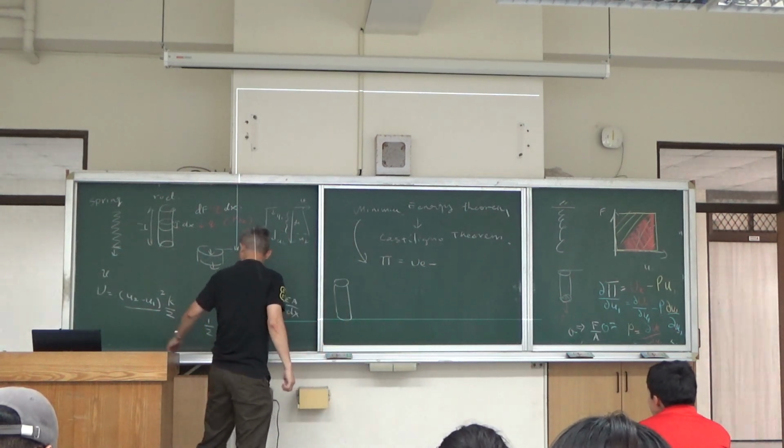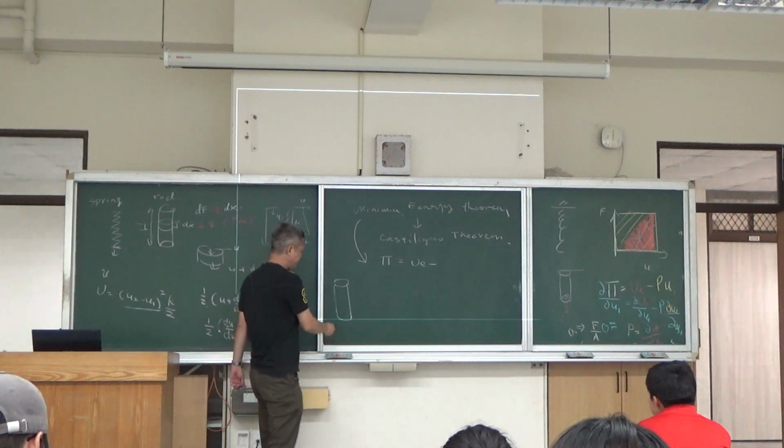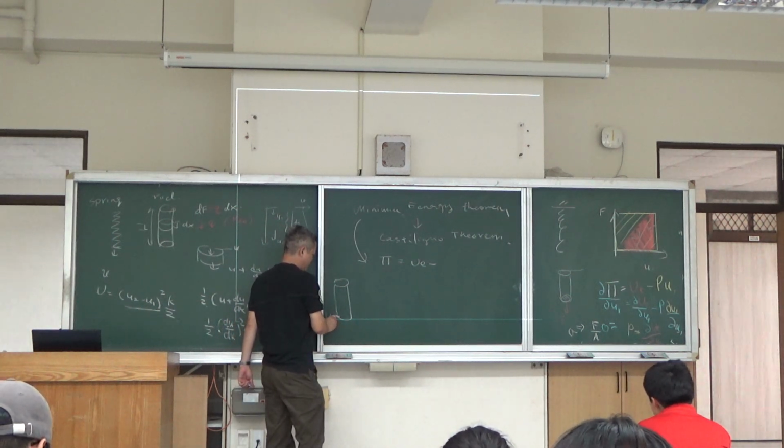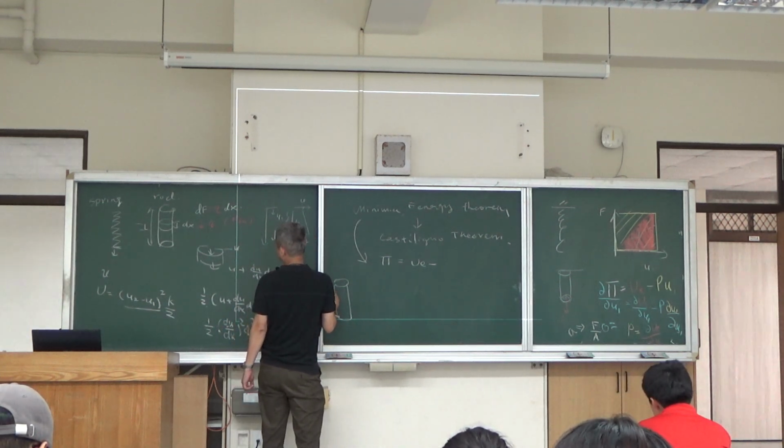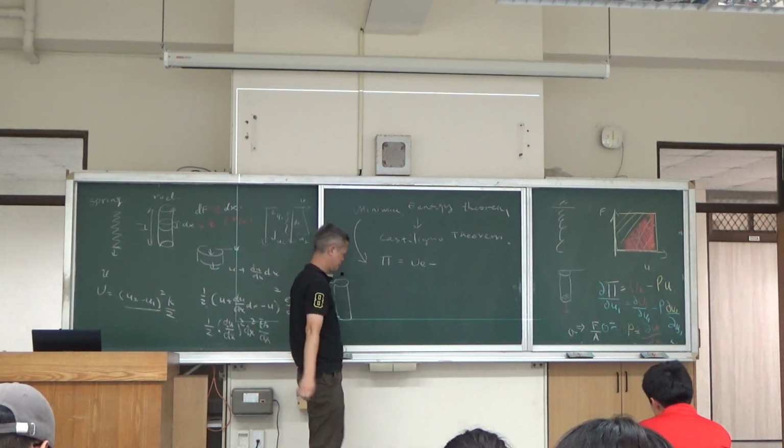Okay? So here let's see. If you have two nodes, U1, let's say on the top, and U2 at the bottom.